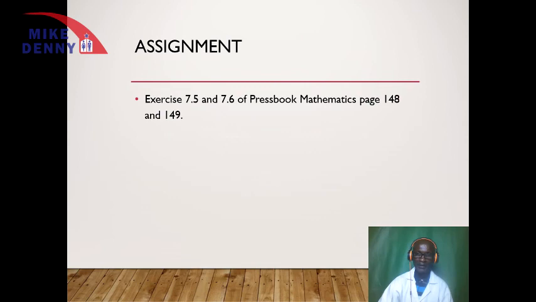The textbook is Pressbook Mathematics, Secondary Mathematics, page 148 and 149. Where you have a problem, go back to the lesson. You can replay it as many times as possible and make sure that you get the right answers to the exercises. So we have come to the end of the lesson for today.